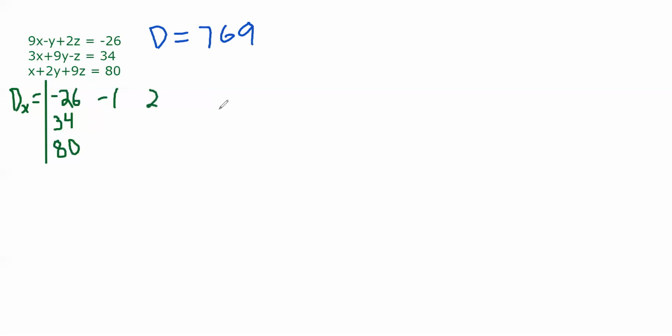So -1, 2, 9, -1, 2, and 9. So we're replacing the first column because we're solving for the first variable in alphabetical order here. So it's pretty logical, it makes sense.